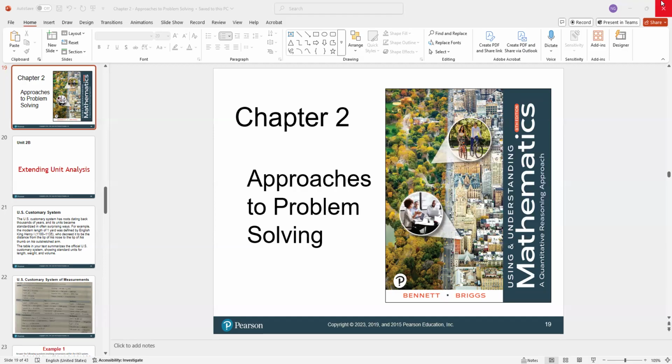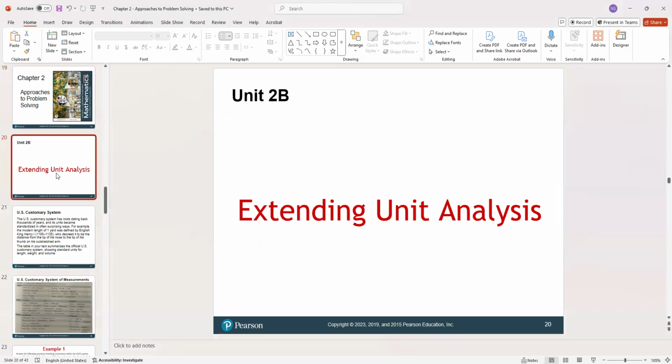What we're going to do in this section especially is talk about the US customary system of measurements and the international system of measurements. It is really an extension of unit analysis. We have seen how unit analysis can be used in finding a path to the solution of a problem.